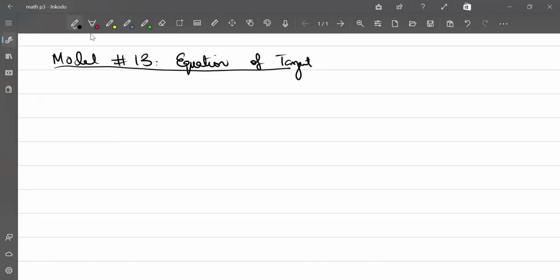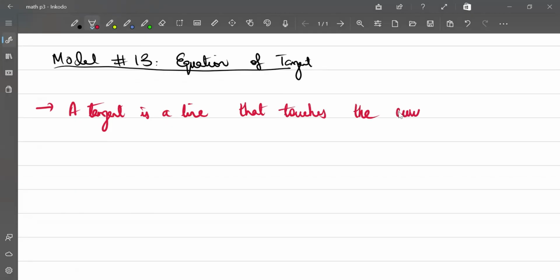So what is a tangent? A tangent is a line that touches the curve or a circle just once. Let's say we have a circle here and a curve here.